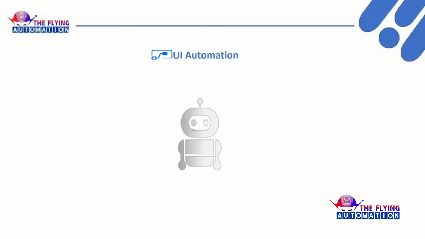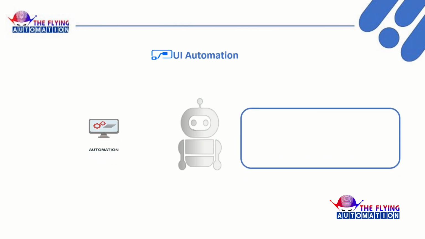So let's discuss which action we are going to use to implement this. Here we can see our action, the Run application action, that is available in MS Power Automate desktop. With the help of the Run application action, we can open any desktop application in MS Power Automate desktop.